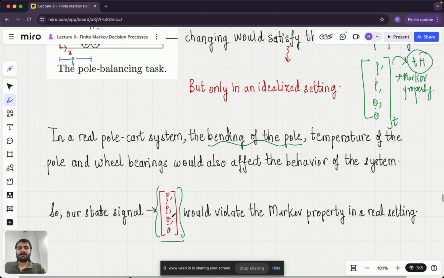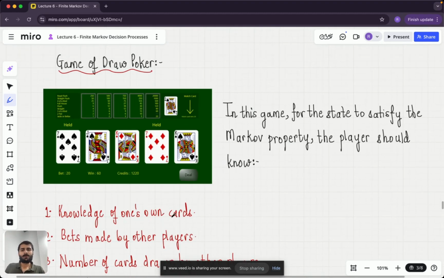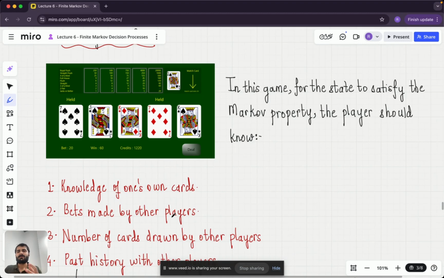We will take another example, which is the game of draw poker. You don't need to know the specifics of this game to understand our discussion. All you need to know is that for a person to play a perfect game, and for the state to satisfy the Markov property, the player should know their own cards.